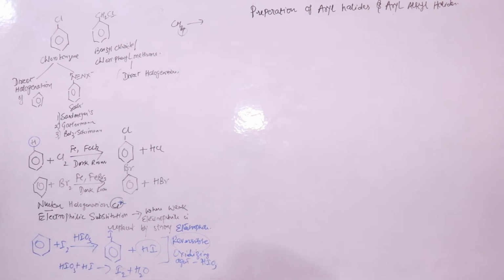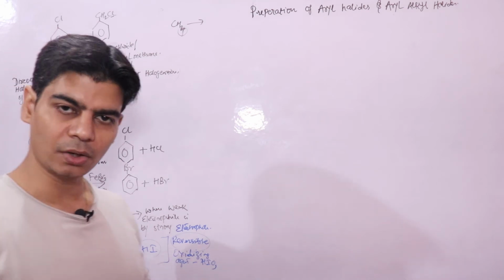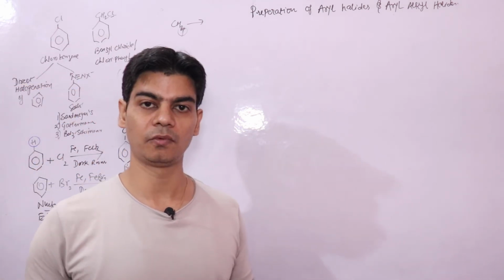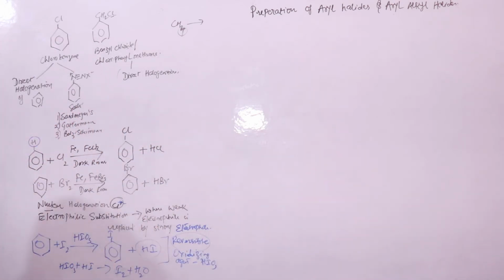So this is how reversibility of this reaction is prevented. The other reaction is to prepare fluorobenzene. Now fluorobenzene cannot be prepared by direct halogenation because the reaction between benzene and fluorine is explosive. So there is no reaction to make fluorobenzene from benzene and fluorine, right?